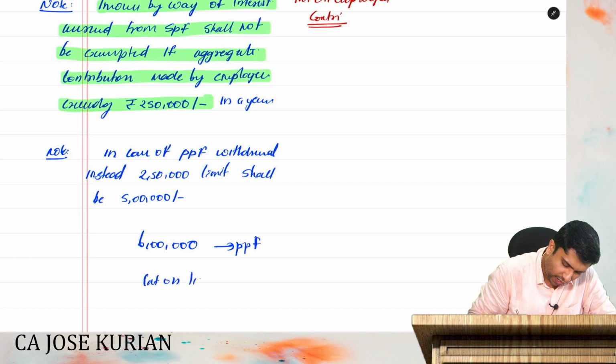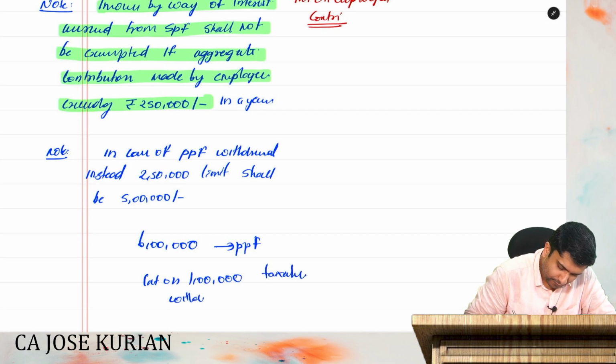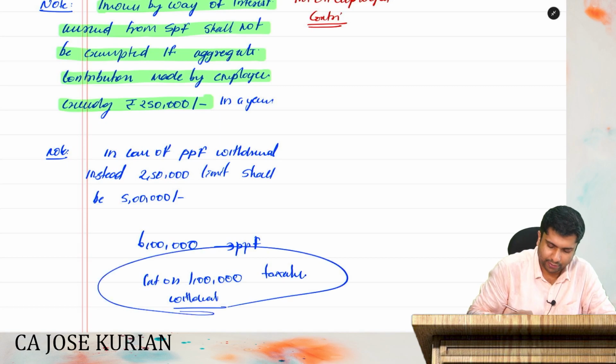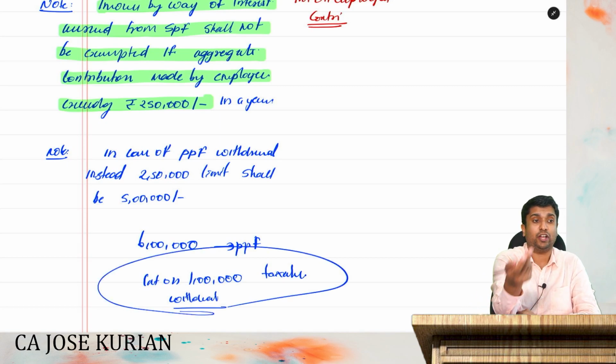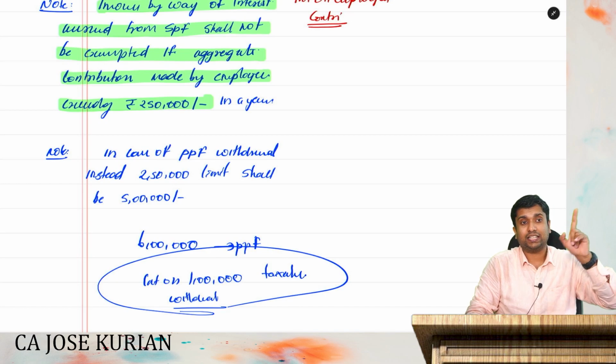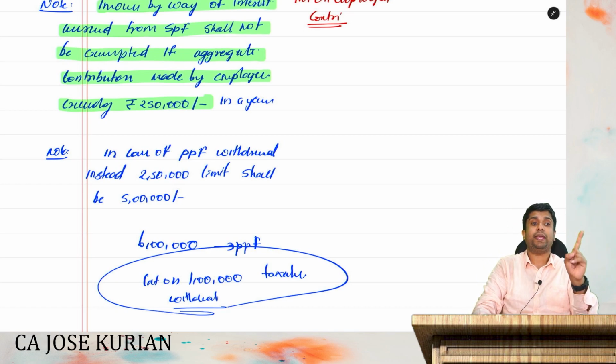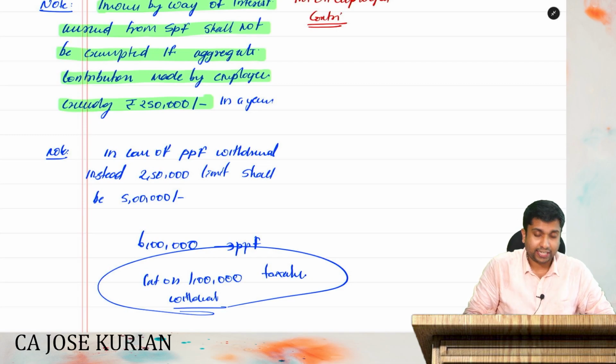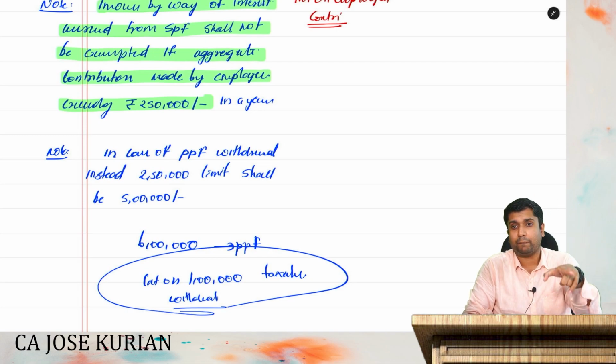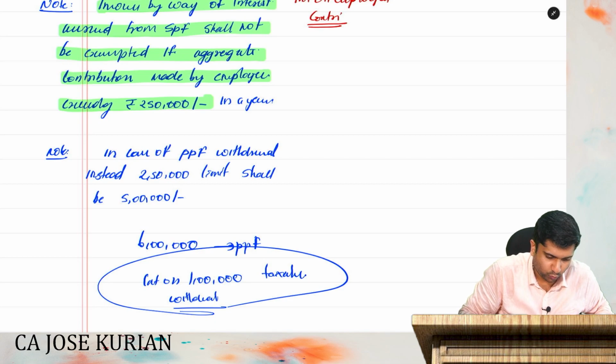Interest on 1 lakh rupees will be taxable at the time of withdrawal, because instead of 2 lakh 50, interest accrued on excess amount over 5 lakh will be taxable in the case of PPF. In the case of SPF, it is 2 lakh 50, and PPF it is 5 lakh. This is what they say.